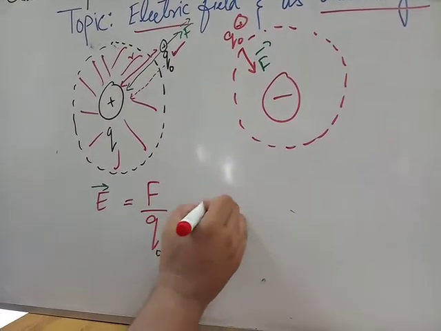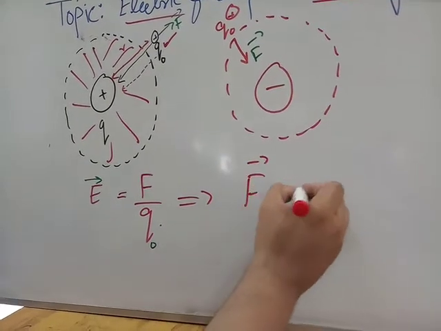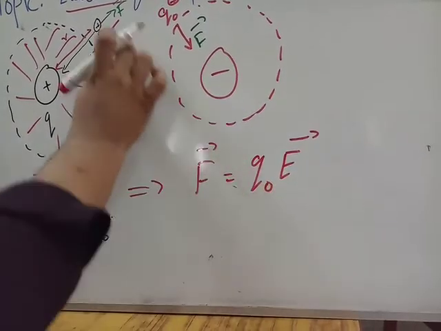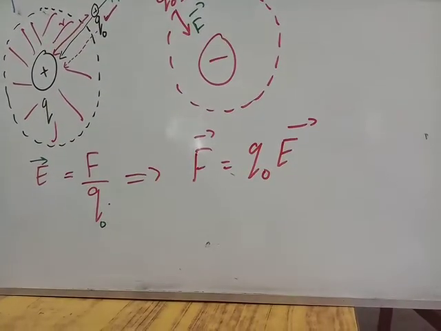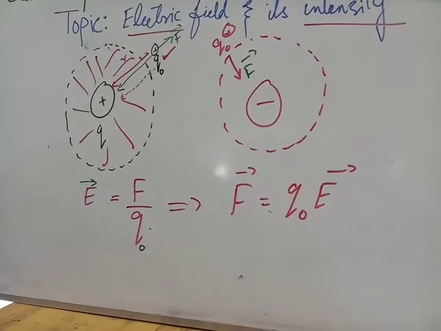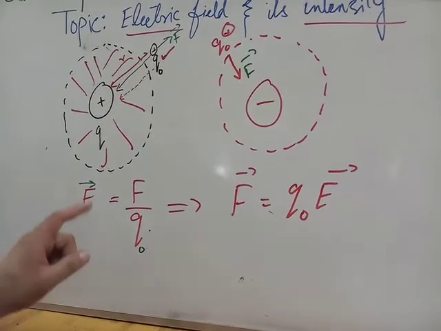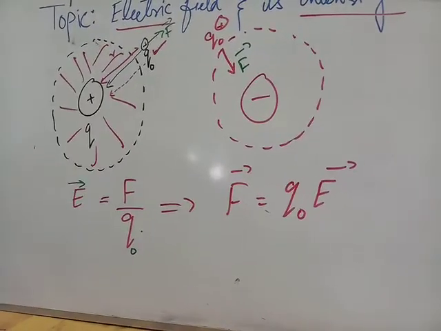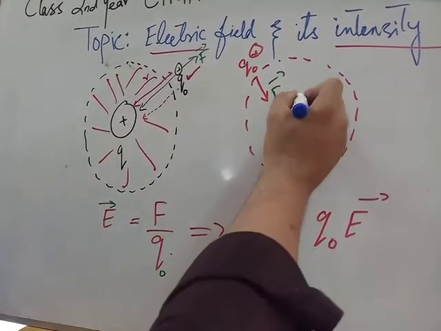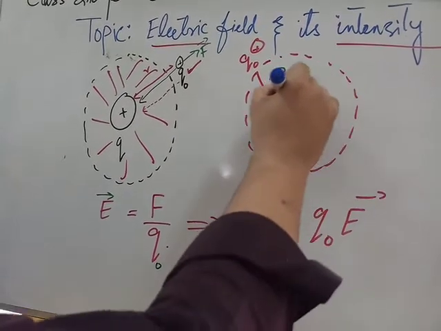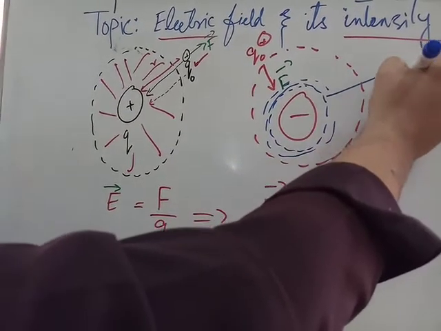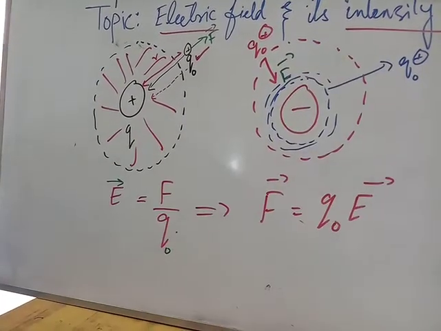So we can write this equation as F is equal to Q naught into E. Remember, this is a test charge. The test charge tells us how strong the electric intensity or electric field is. Close to the point charge the electric intensity is large, and far apart Q naught experiences a small force.